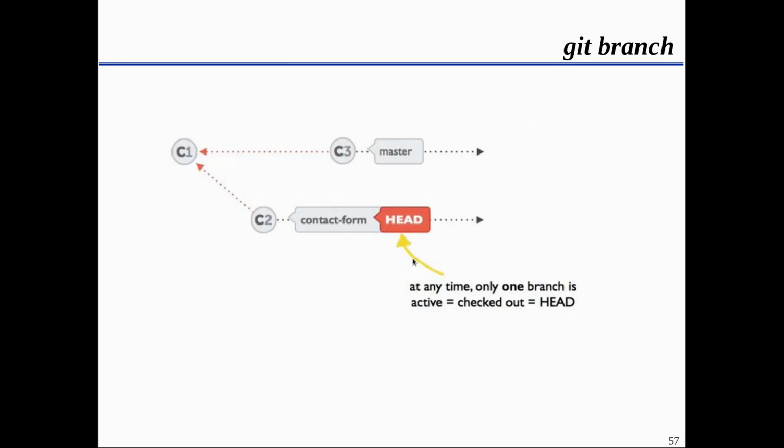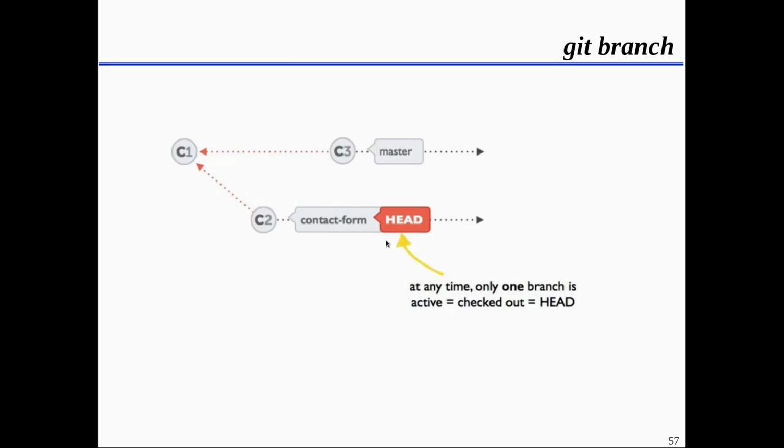At any time only one branch is active, or checked out, in Git, and that means that the HEAD is on that branch. So if this is my master branch and I branch off to a branch called contact form, whenever I say git checkout contact form, it will take me to that branch and move the HEAD onto it.